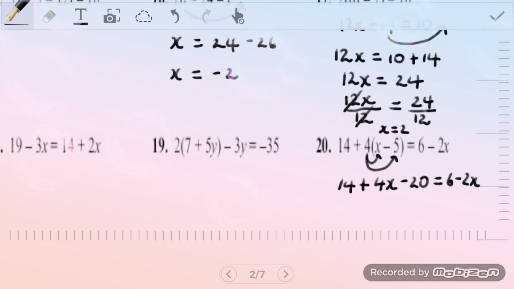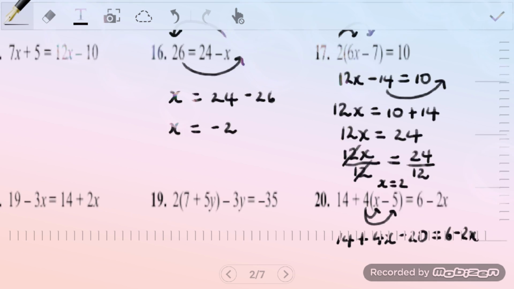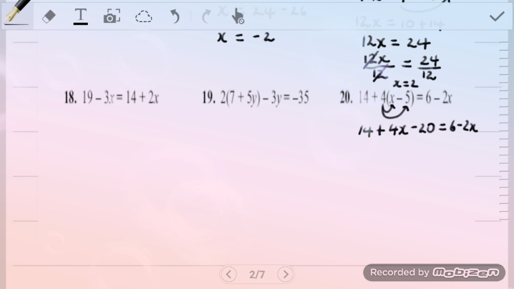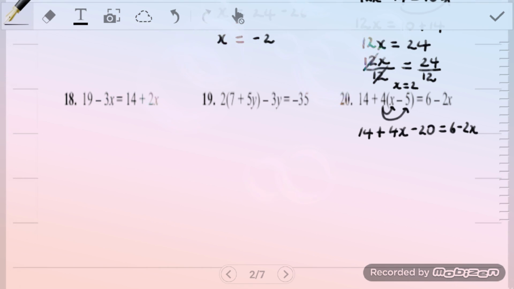2x. All right? Now, we need to stay focused, guys, because what I find that a lot of students do is that once they get through the first obstacle, they begin to confuse themselves. You have to remember the basic rule of solving equations, and that is trying to get the variable by itself.